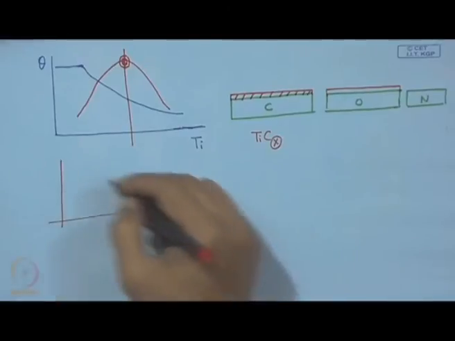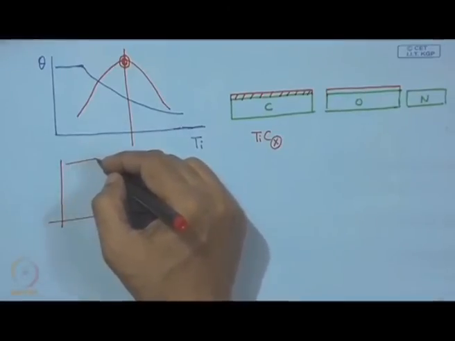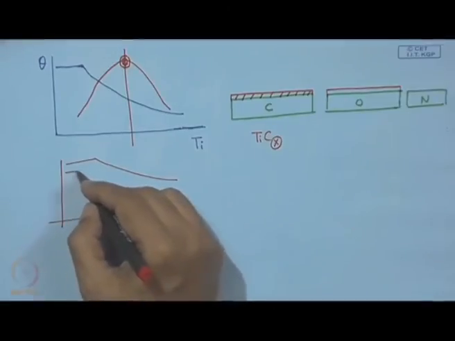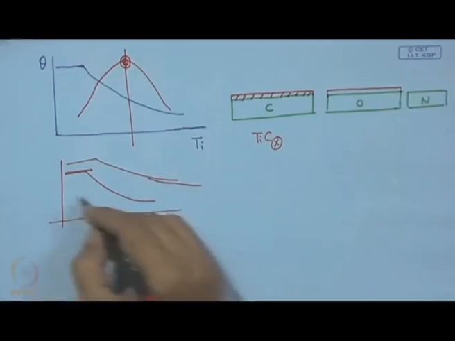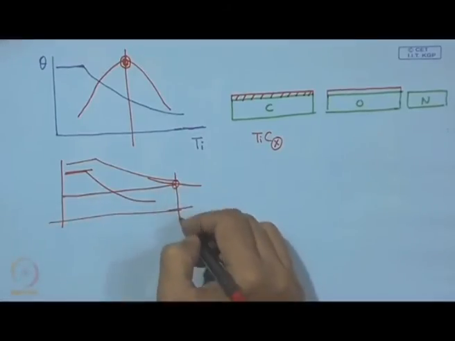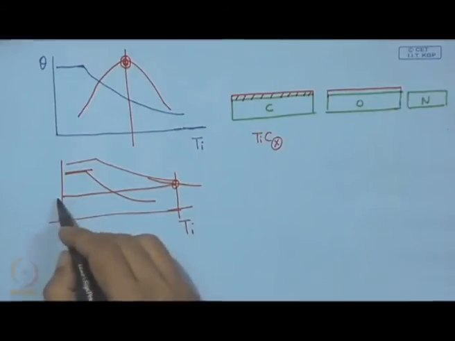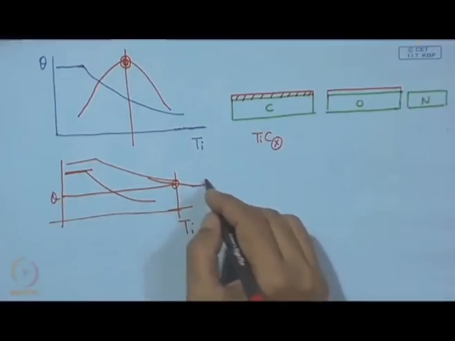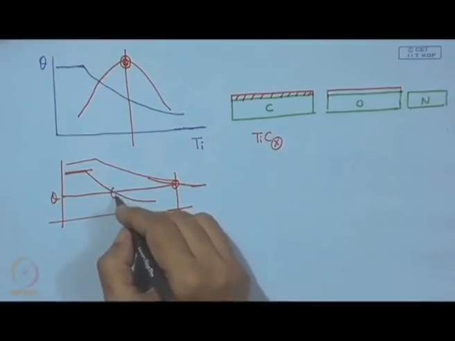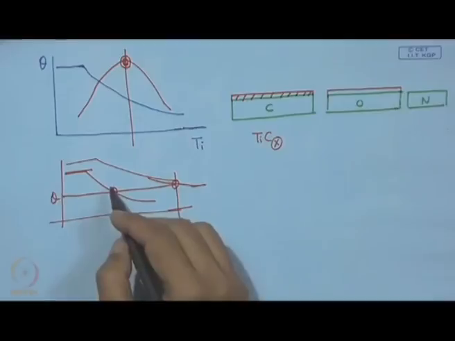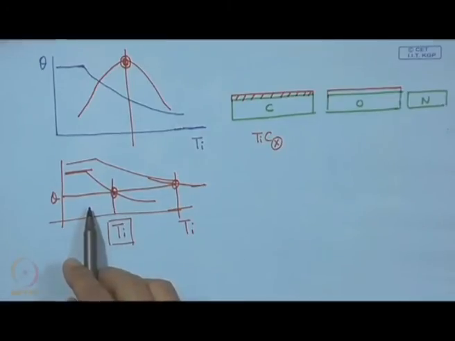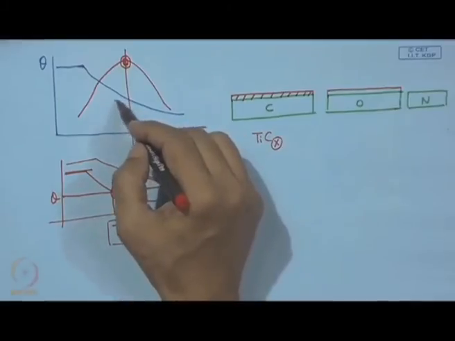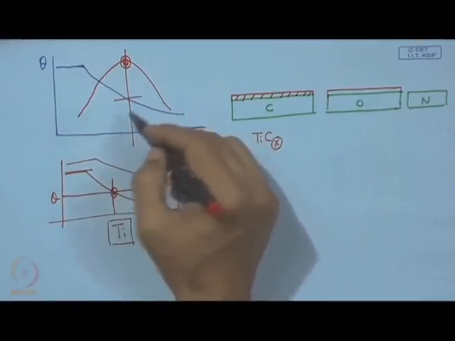So, if we draw this graph, it is something like this. One should try to have something like this. That means the percentage of titanium necessary to have good wetting with a certain formulation can still be modified to a better value, that means a still lower value of titanium, to have the same level of wetting, and in that case we can also have good bonding.